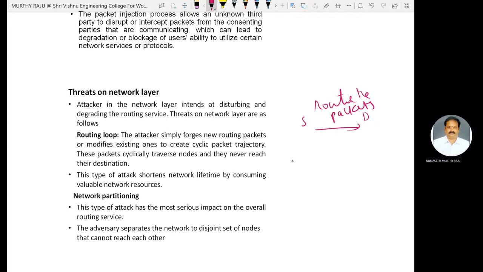Routing loop: the attacker simply forges new routing packets or modifies existing ones to create a cyclic packet trajectory.